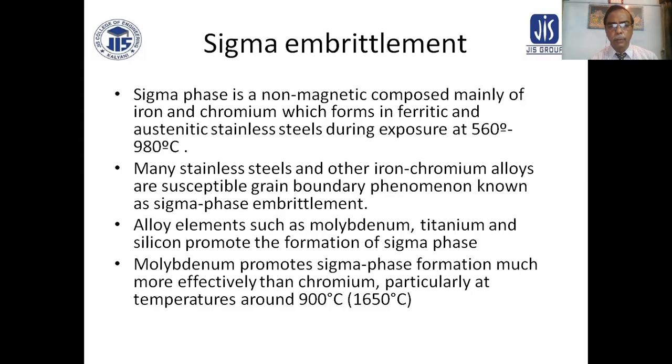Alloy elements such as molybdenum, titanium, and silicon promote the formation of sigma phase. Molybdenum promotes sigma phase formation much more effectively than chromium, particularly at temperatures around 900 degrees centigrade.